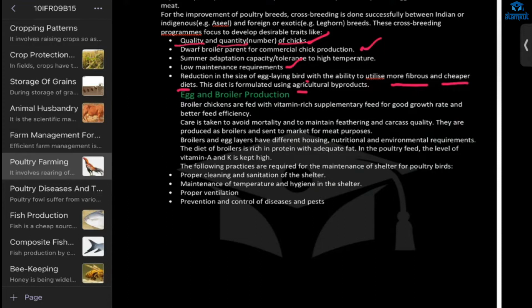Next, broiler production for commercial chick production. Next, summer adaptation capacity. Low maintenance. How is it low maintenance? Because the size will be reduced, so they will utilize only more fibrous and cheaper diet, cheaper foods, and this is formulated from agricultural byproducts.